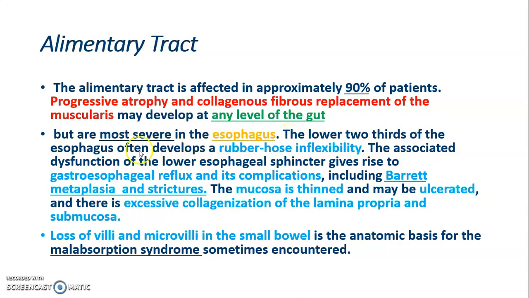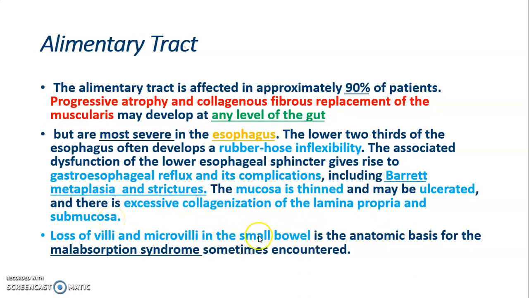When the lower third of the esophagus is affected, they develop rubber hose inflexibility. Associated dysfunction of the lower esophageal sphincter will give rise to gastroesophageal reflux and its complications like Barrett esophagus, Barrett metaplasia, and strictures. The mucosa is thinned out and may ulcerate, and there is excessive collagenization of the lamina propria and submucosa.